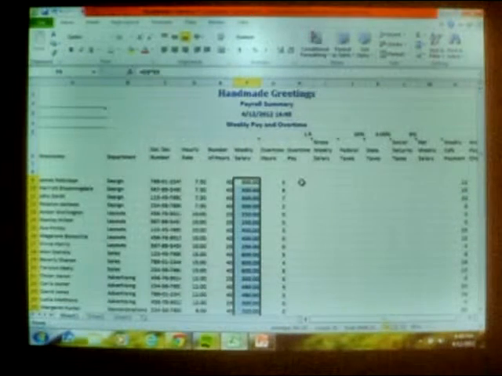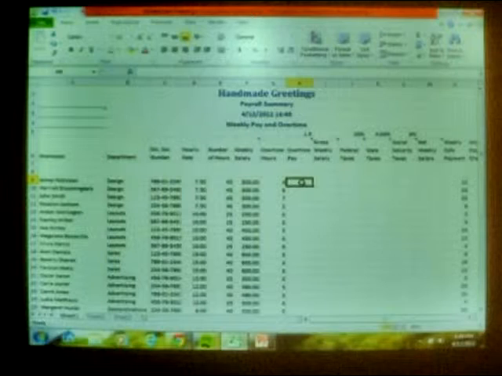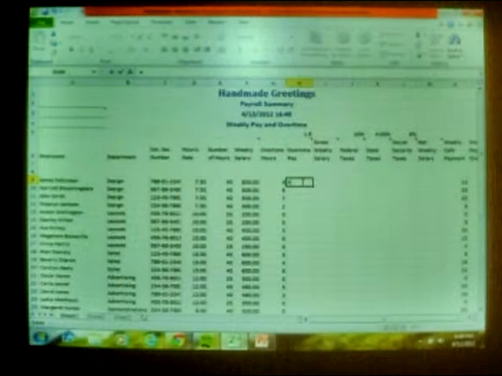Now we're doing the overtime pay. And so we're beginning the formula with equal. And in parentheses, we have two calculations here. Open parentheses, 7.50 times 1.5.